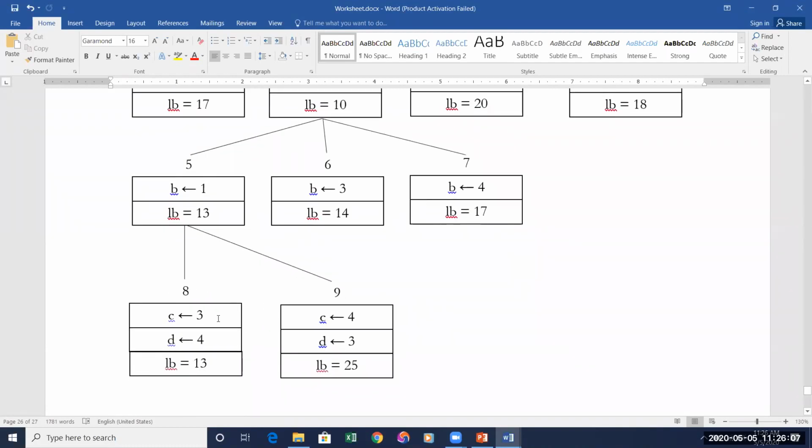Now we are stopping at this point because there are no persons left to allot the jobs. All persons are allotted with the jobs. That is why we are considering this as the promising solution, as well as the solution for the problem, and all the other solutions are infeasible solutions. They are infeasible.